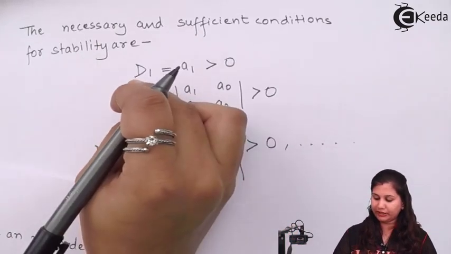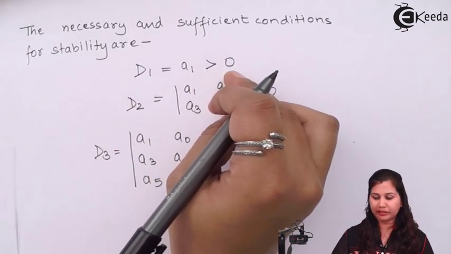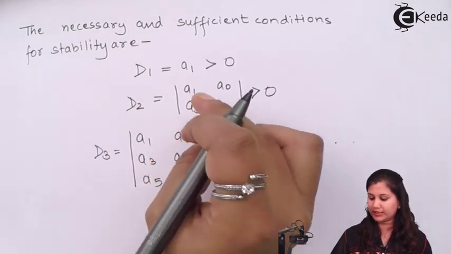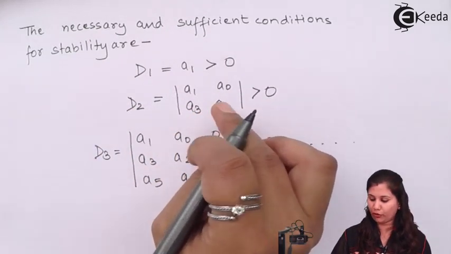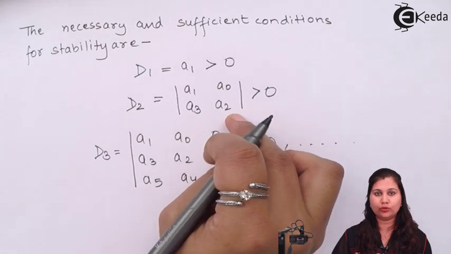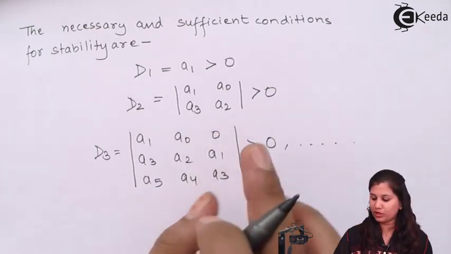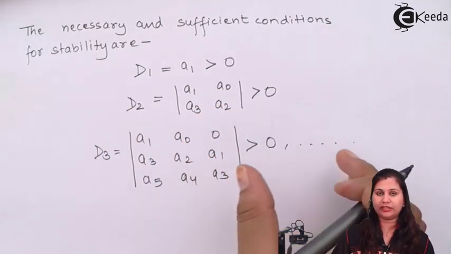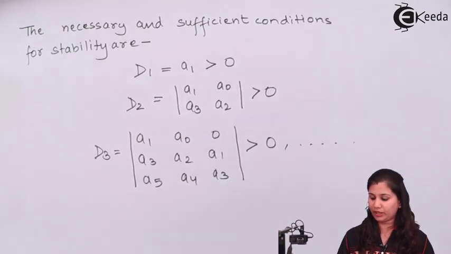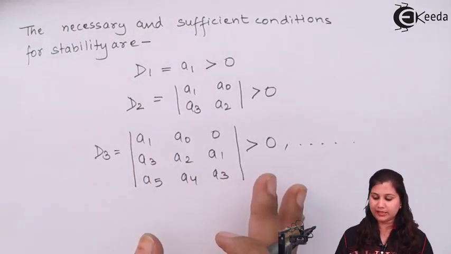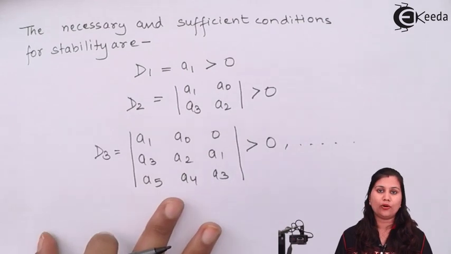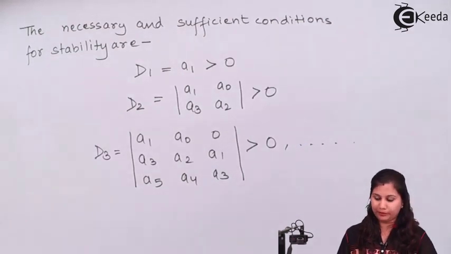So first we have taken D1, which is A1, should be greater than 0. Then D2 is the determinant of A1, A0, A3, A2, so that should be greater than 0. Just like this we have D3, D4 till Dk. So all these determinants should be greater than 0 for a system to be stable.